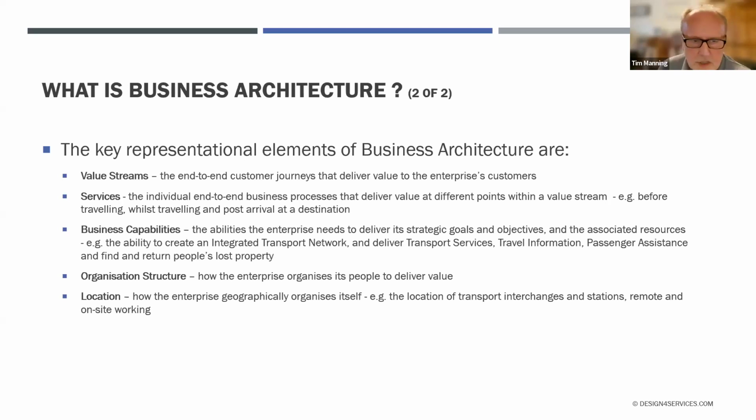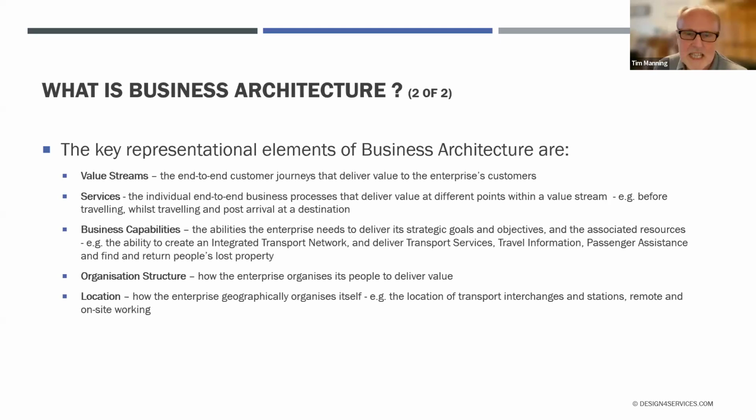So that customer journey is, for example, when they want to travel, they need to know how they can travel, when they can travel, then they make the journey, and after they've made the journey, there may be some other parts of the customer journey. For example, they lost something on the bus and they need to retrieve it. So that's the sort of customer journey for what I currently work on, which is bus services, not dissimilar to rail services that we were discussing earlier on.